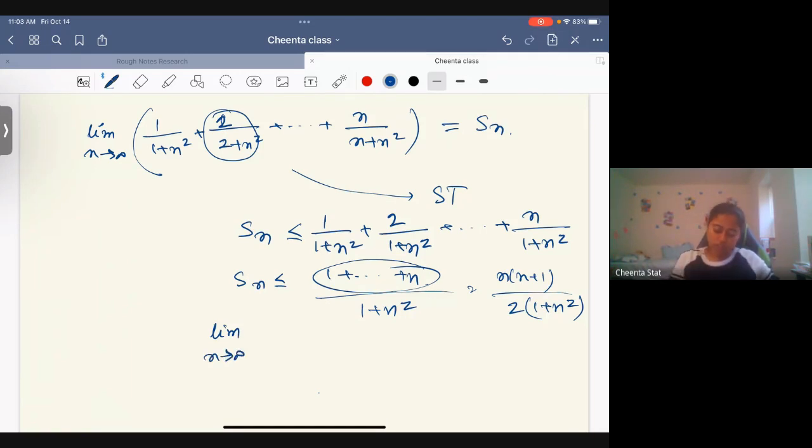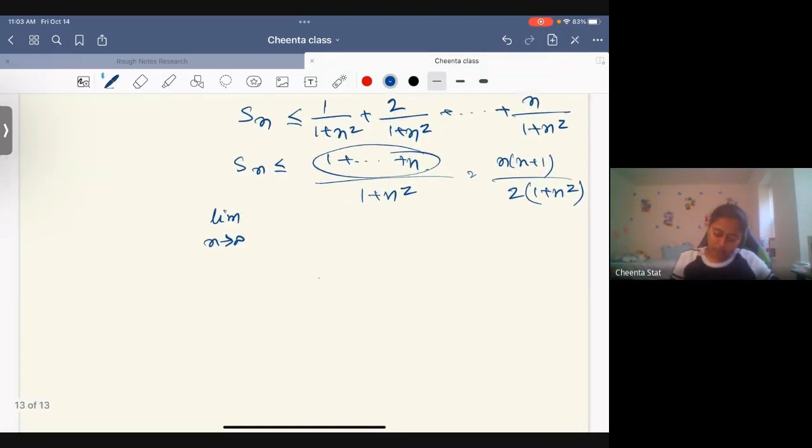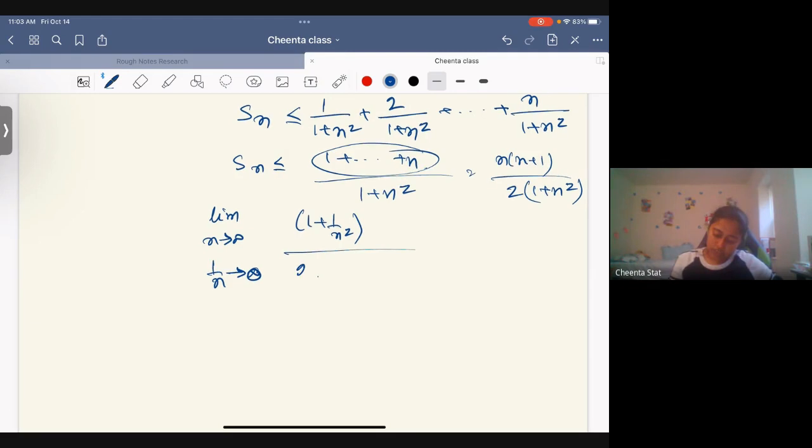I will also show you the lower bound as well, but just wait. If n tends to infinity, then we know 1 by n tends to 0. Here, you can't put infinity at some point, so you need to make it in terms of 0. That's why you divide both by n square. So 1 plus 1 by n over 2 times 1 plus 1 by n square.